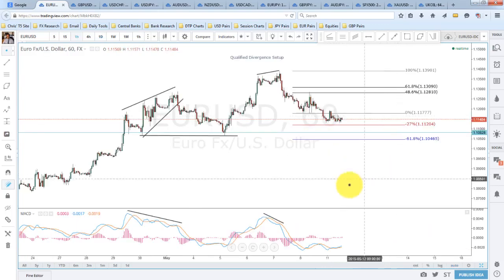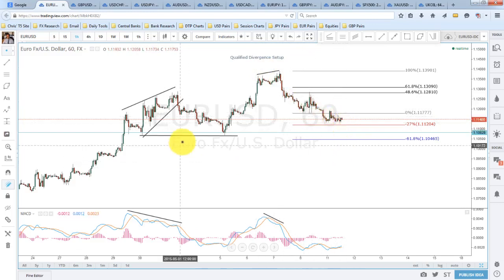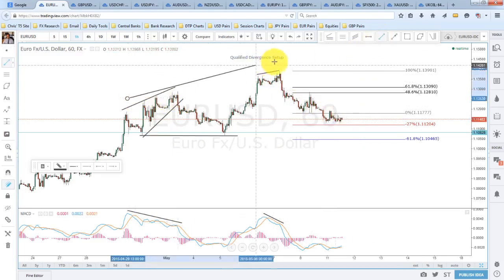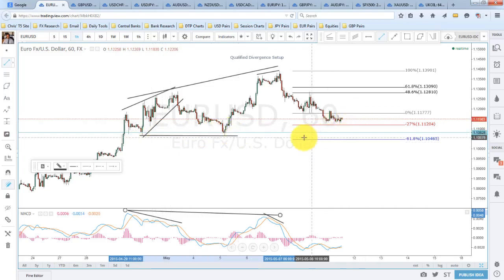Actually, this is a current look, where not only do we have the wedge here and this qualified divergence setup, but you can also see, looking across here, price moving higher while MACD is cycling lower through both of these cycles, and that's why we have a line drawn at these lows. That would be a good target area for this divergence.